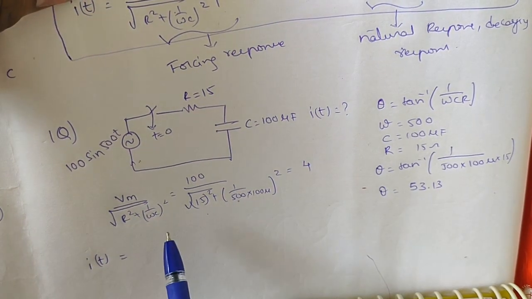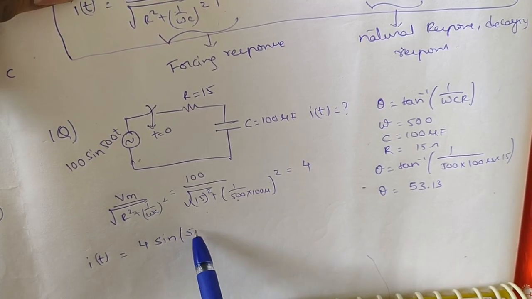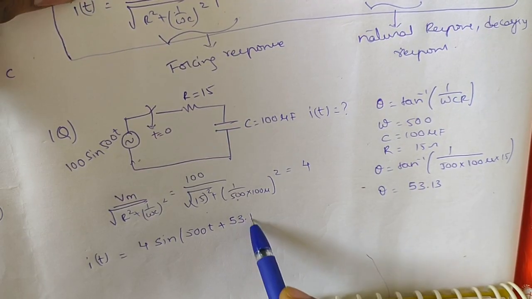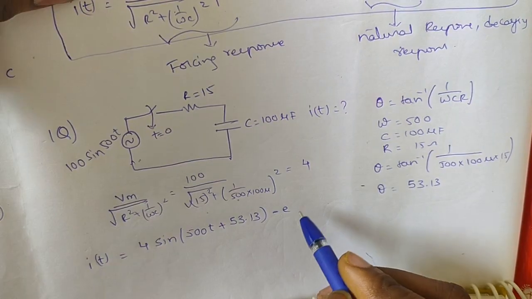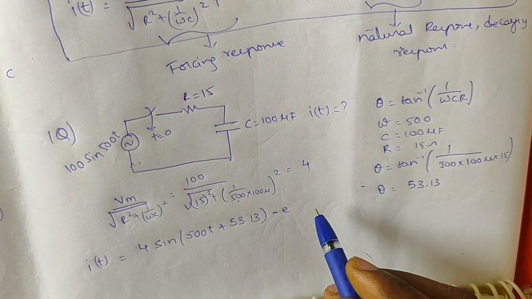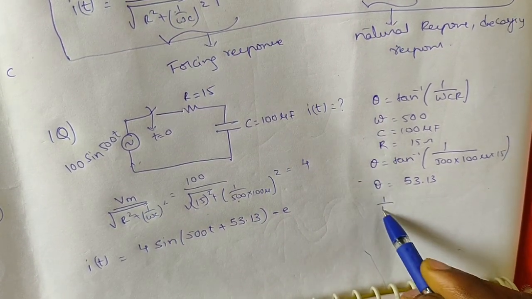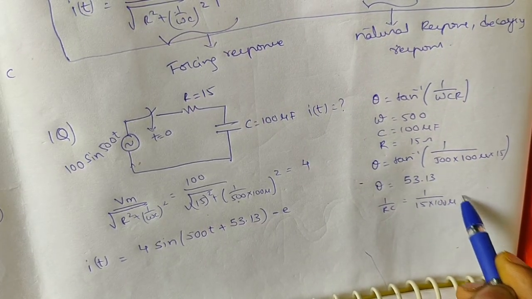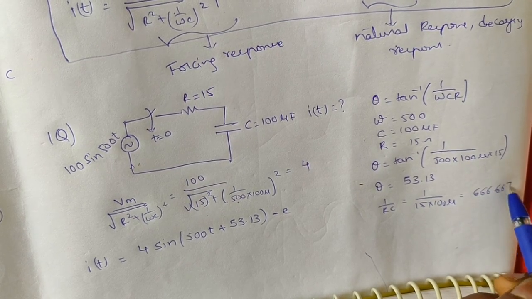So we place the values in the overall equation for I of t. I of t will be 4 times sin(500 t plus 53 degrees), minus e power minus 1 by RC t. The value of 1 by RC means 1 by 15 into 100 micro, which is 666.67.